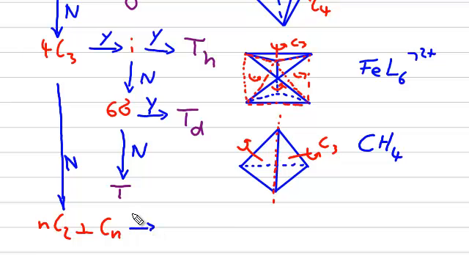If this is the case, we need to look for horizontal mirror planes. If we do have those mirror planes, we will call this point group DNH.